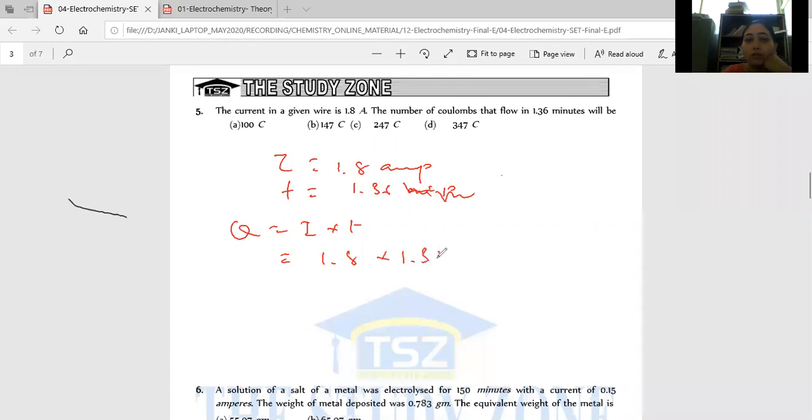This is in minutes, so we need to convert it into seconds. You'll get the answer 147 coulomb. So simple, nothing different in this. So the answer is 146. All of you got the answer.